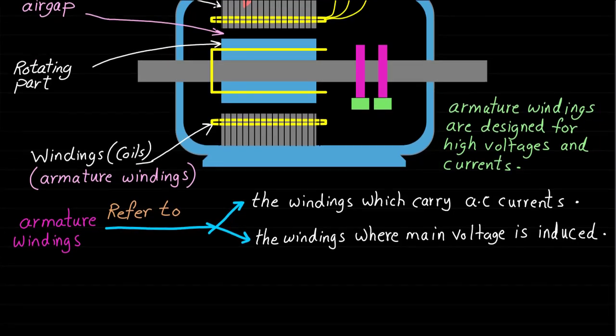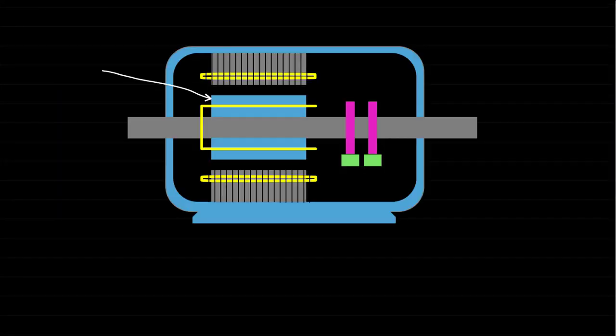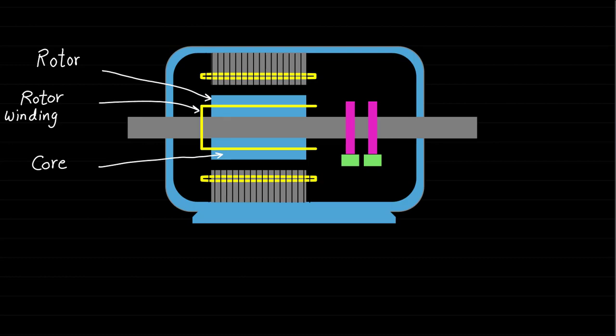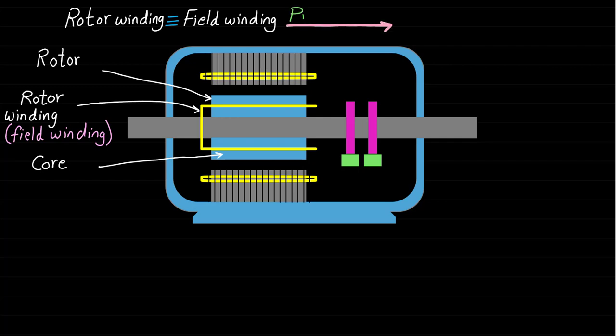The rotor is made of magnetic material core and rotor winding. The rotor core can be laminated or solid magnetic material, depending on the rotor types, as we will see later. The rotor winding can also be called the field winding because it is used to produce the main operating magnetic field when it is excited by DC current.